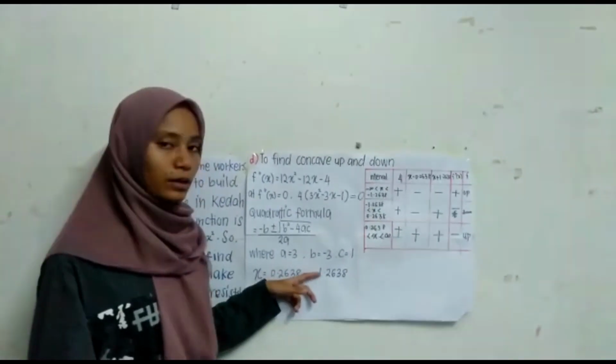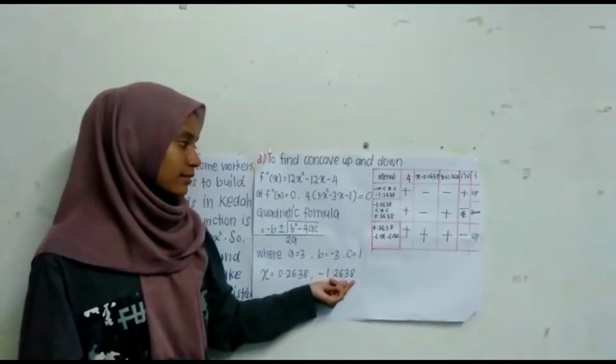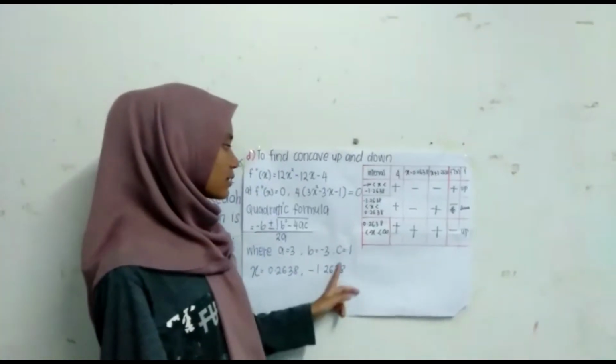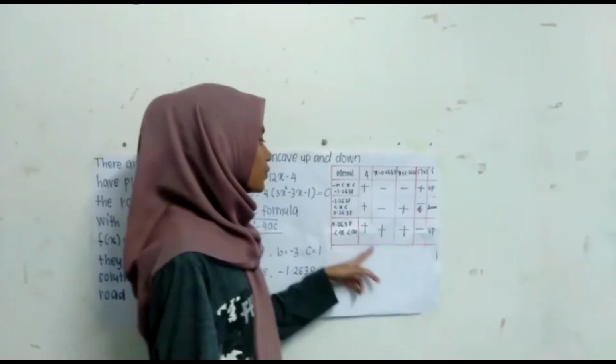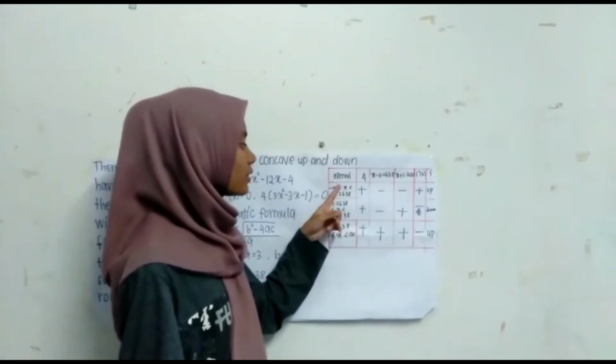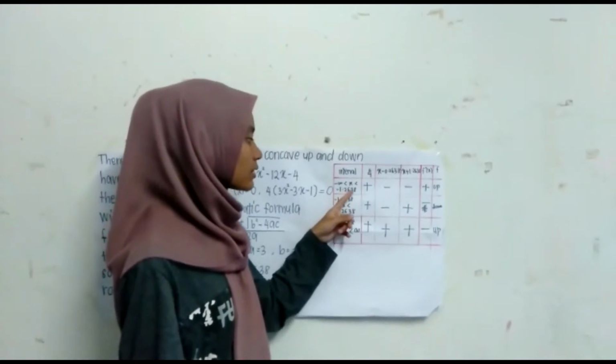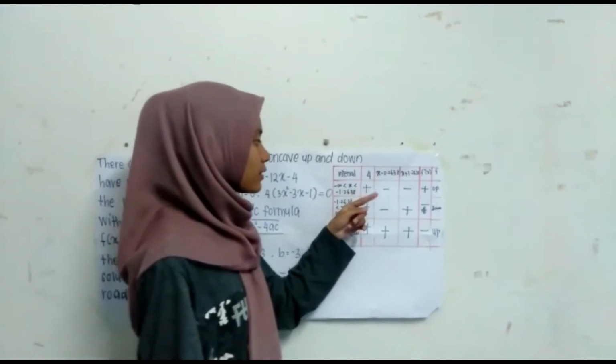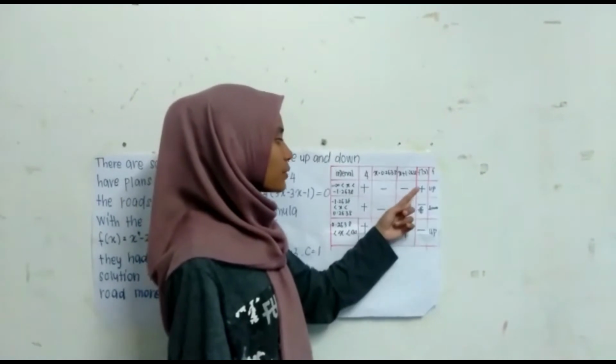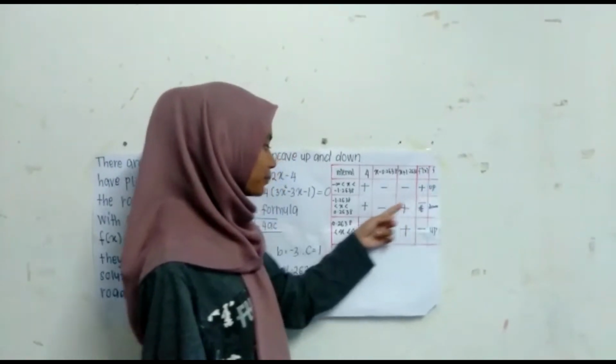1.263 and negative 0.263. And we put this in the table, in the interval x more than negative infinity and less than negative 0.263, and we get positive, negative, negative, positive, and we get concave up.